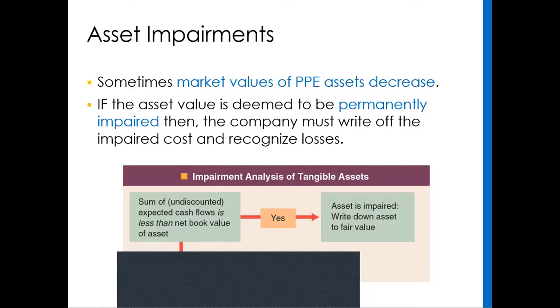So if we look at that, we jump over to impairments. Sometimes market value of property, plant, and equipment asset decreases. So we're saying, wait a minute, I thought you told me market value and asset value do not relate, do not compute.